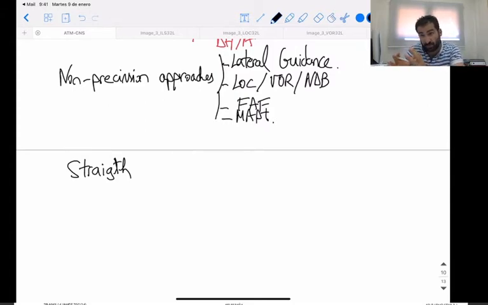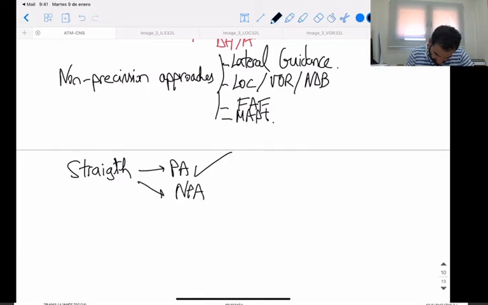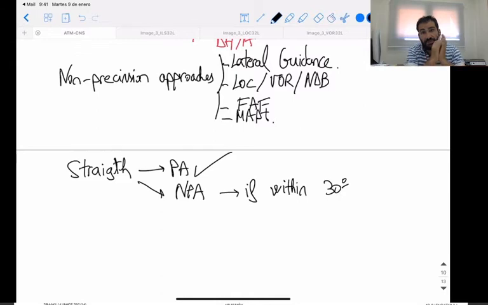In a precision approach, that's clear. In a localizer approach, it's also clear. There might be some non-precision approaches in which it's not fully aligned, but for precision approaches it is always straight, and for non-precision approaches, if within 30 degrees from the center line, then it's considered straight. I will need to turn a little bit, but it's considered to be straight.